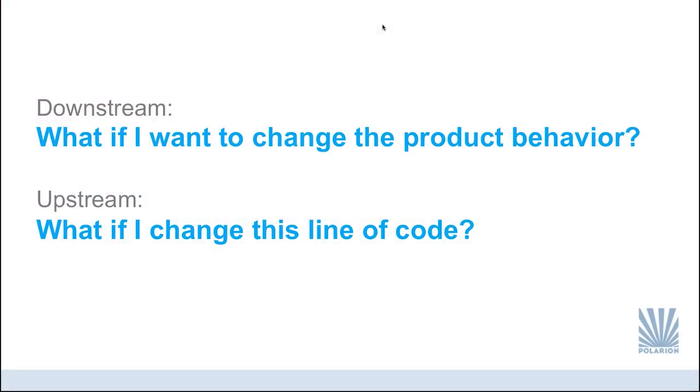So what if I want to change the product behavior? That's downstream impact analysis. What if I change this line of code? That's upstream impact analysis. How do the specification documents with the user stories help me to answer those questions?